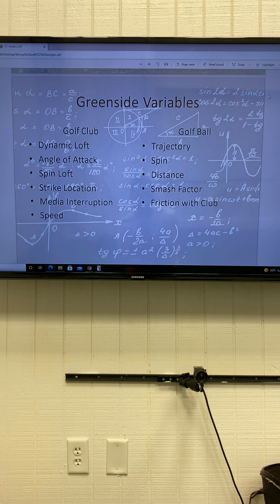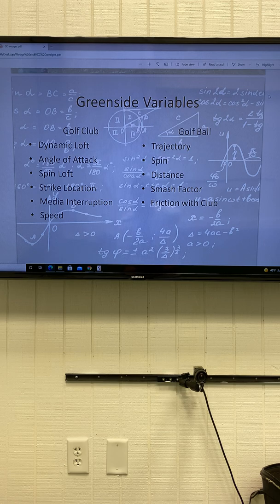Now, we also know that you're picking that club that has too much loft. You're needing to give it too much speed to try and get it there, which is requiring some technique changes that we don't want.